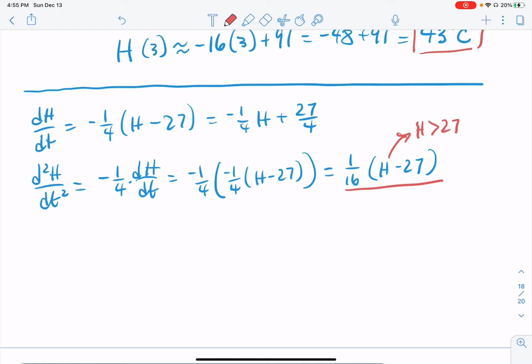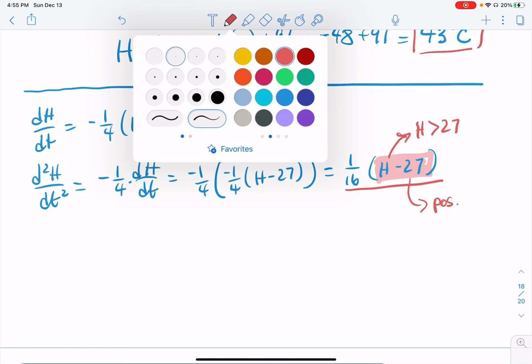So since h is always greater than 27, this set of parentheses right here is always going to be a positive number. Since it's always positive, and you're multiplying it times 1/16, the value of the second derivative will always be greater than 0 for t greater than 0.